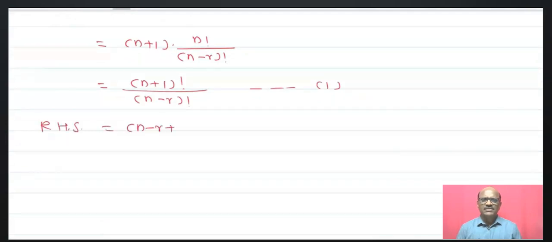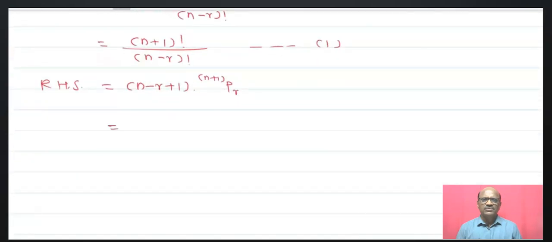And RHS, (n minus r plus 1) into (n plus 1)Pr, that is equal to (n minus r plus 1) into (n plus 1) factorial upon (n plus 1 minus r) factorial.